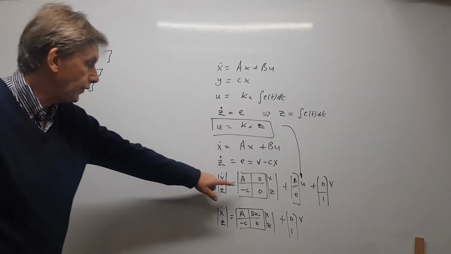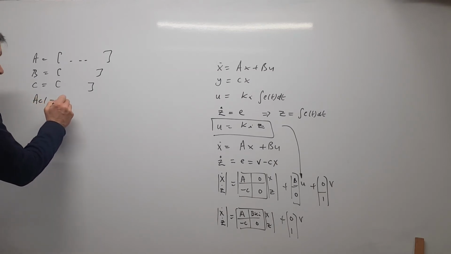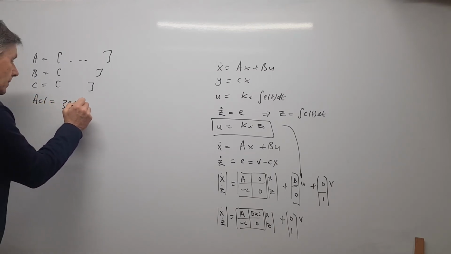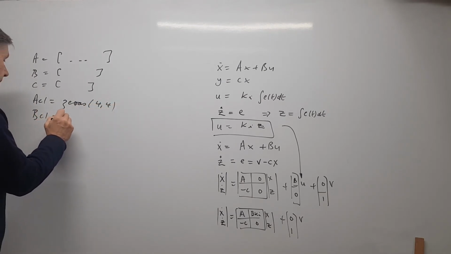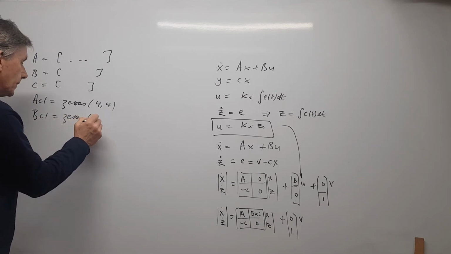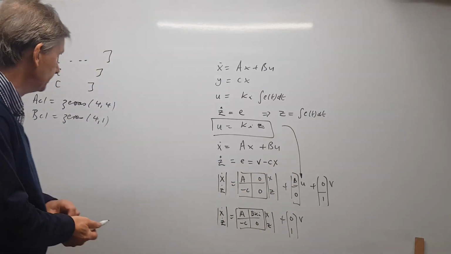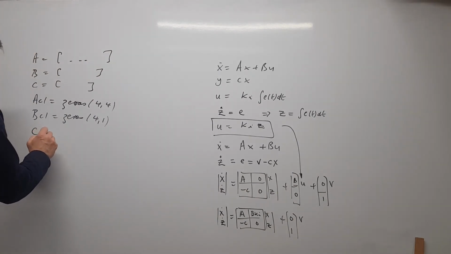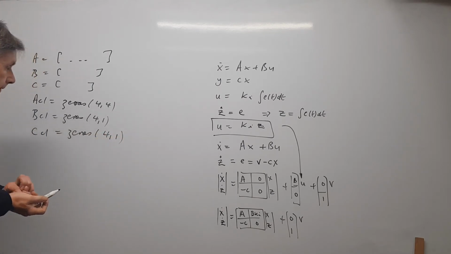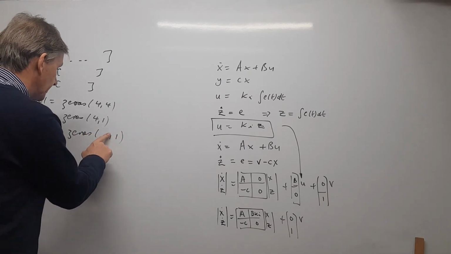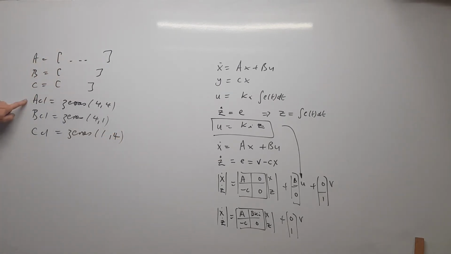This time this is going to be a 4 by 4 matrix, so I'm going to put ACL equals zeros 4, 4, and BCL is zeros 4, 1. Remember, it goes this way first, that way second. And CCL is zeros 1, 4, sorry, 1, 4. So there's my structures now.